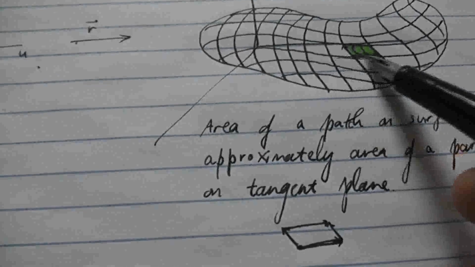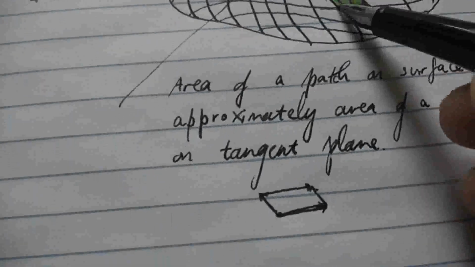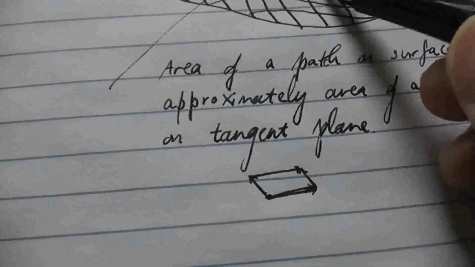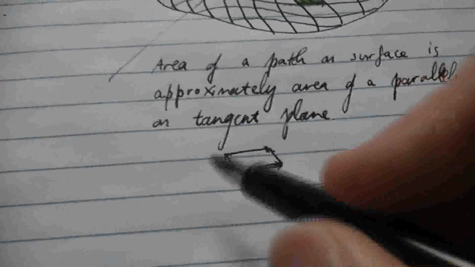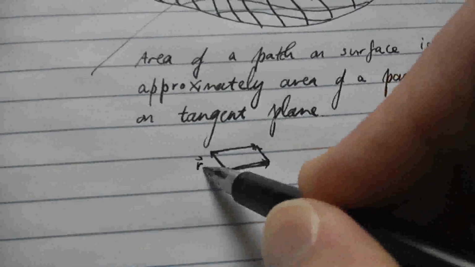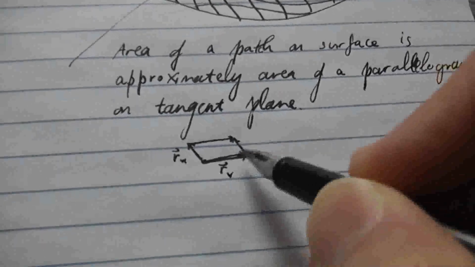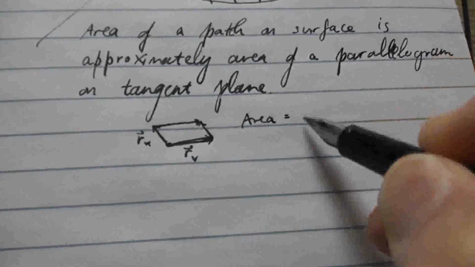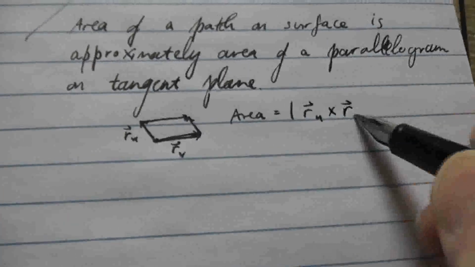So this vector tells us how r changes as u changes. So this is r sub u. And this one is r sub v. So the area of this little volume element is r_u cross r_v.